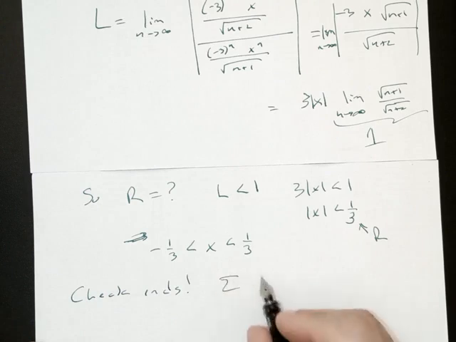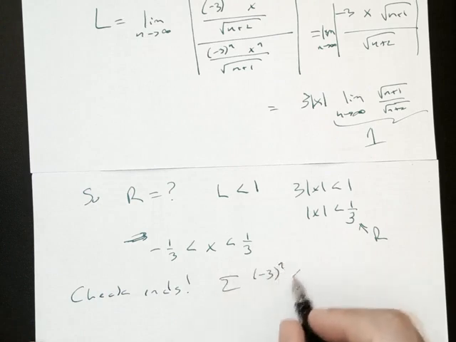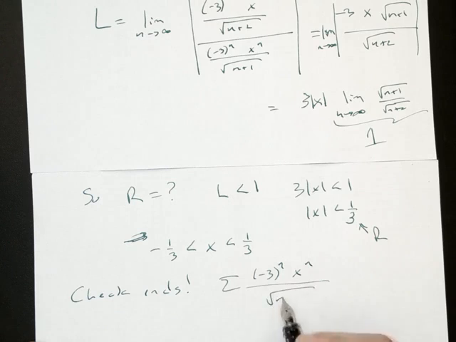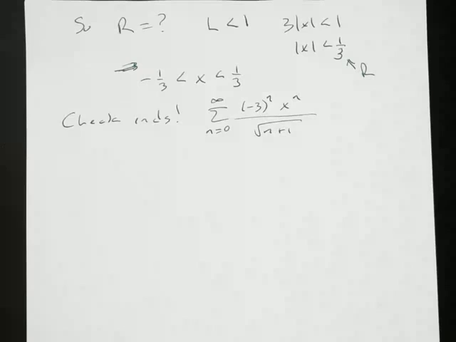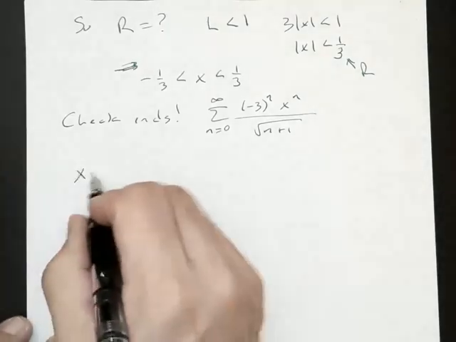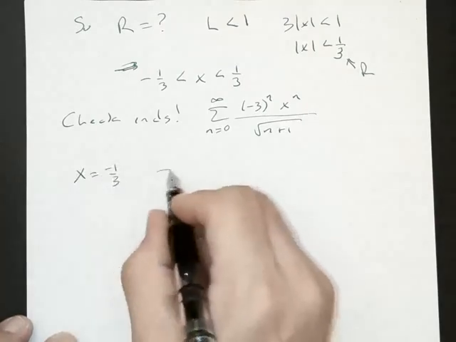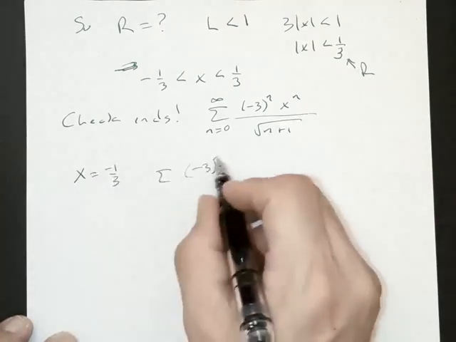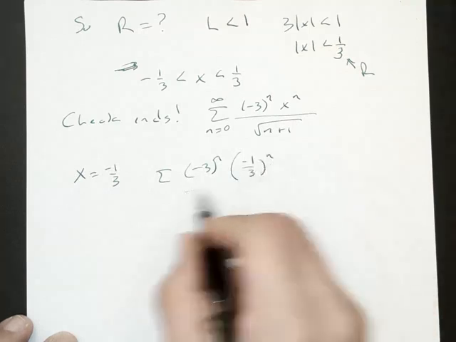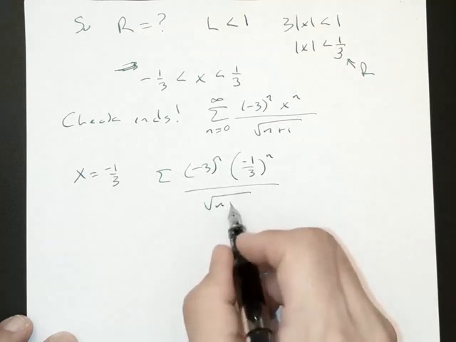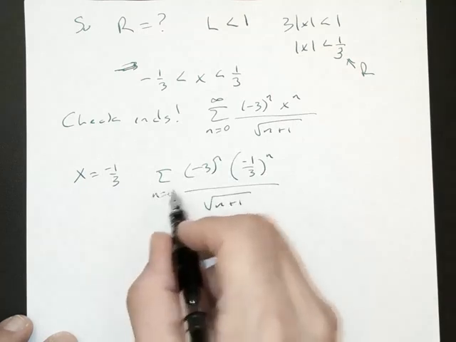Now remember, the original series, negative 3 to the n, x to the n, over square root of n plus 1, n equals 0 to infinity. So let's take one end. Do you want to do positive 1/3 or negative 1/3? Okay, so if I start with negative 1/3, then my series is negative 3 to the n, negative 1/3 to the n, over root n plus 1.